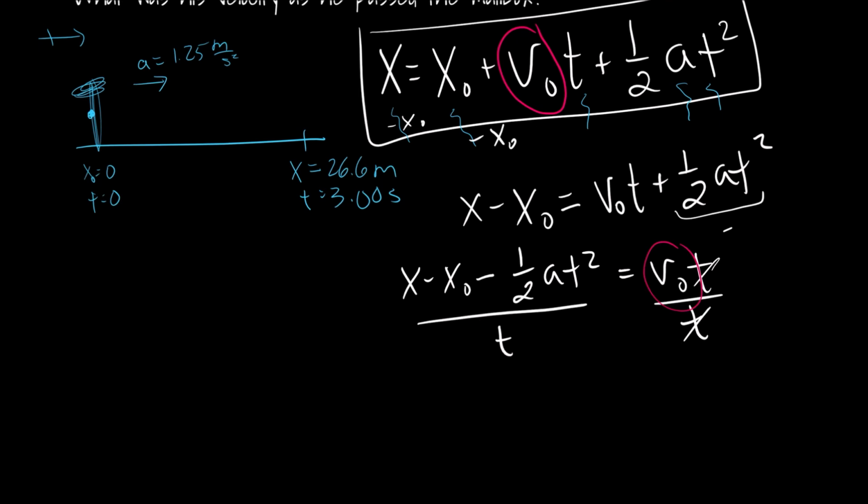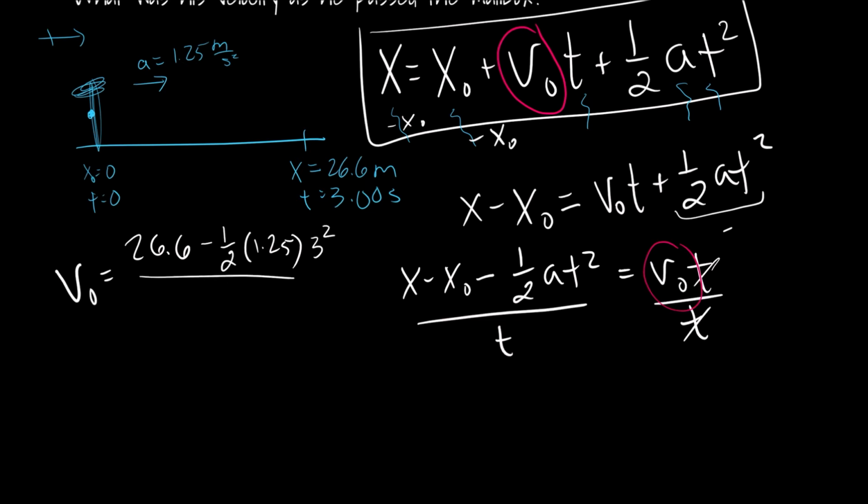So now we have our equation that we can directly plug and chug into. My v naught is going to be equal to, well, my x is 26.6. My x naught is 0, so we don't even really need to write that. Then minus 1/2 times a, which is 1.25, times t squared, which is 3 squared.